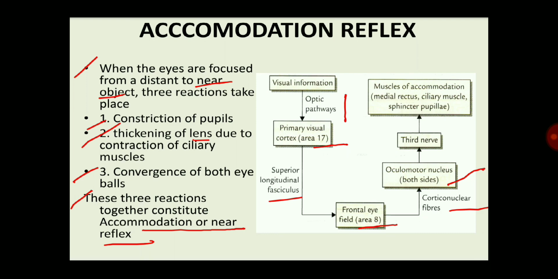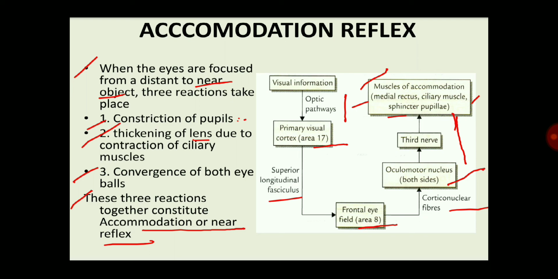So ultimately from the oculomotor nerve it reaches the muscles of accommodation, that is the medial rectus, ciliaris muscle, and sphincter pupillae. As I have told you, the sphincter pupillae causes constriction of the pupil.